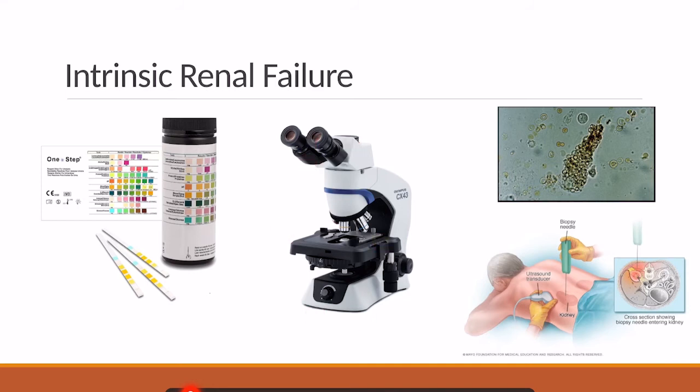And looking under the microscope, you can see a variety of different things. You might be able to see bacteria, and if you've got bacteria there, then you know that you've got an infection. Or you can see something that looks a little bit like this. These are called casts. And what this is, is that the kidney itself is starting to get damaged. The tissue inside the kidney is all damaged.